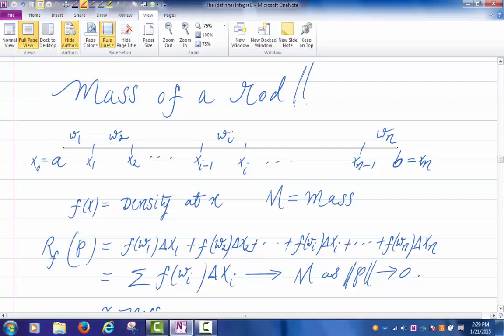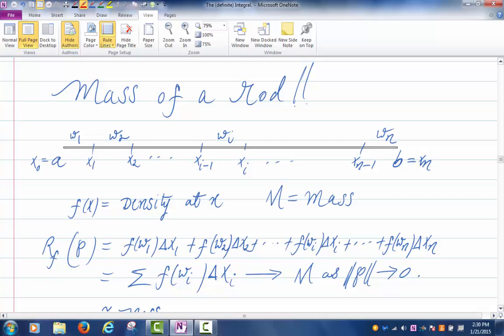So then, as n gets bigger and bigger, this approximation is actually getting closer and closer to the actual mass, right? The Riemann sum is approximating the total mass, and this approximate mass is getting closer and closer to the actual mass as I pick n bigger and bigger. Am I making sense?